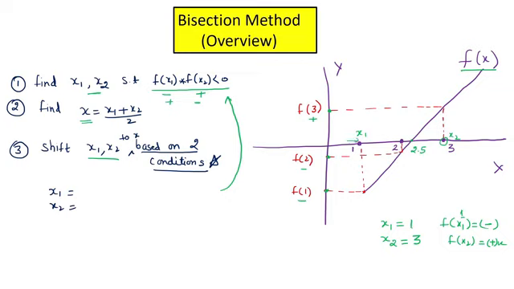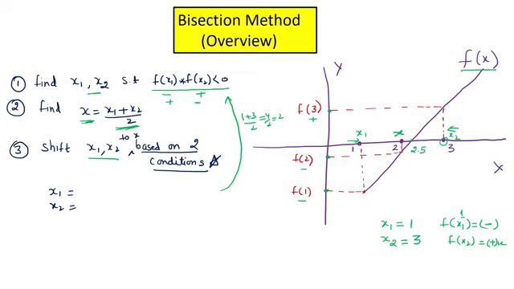That means this boundary and this boundary. Now the second step says that you find the midpoint between these two points. So if I find the midpoint between 1 and 3 using this formula, I will get 1 plus 3 by 2, that means 4 upon 2, that means 2. So this is my new x.